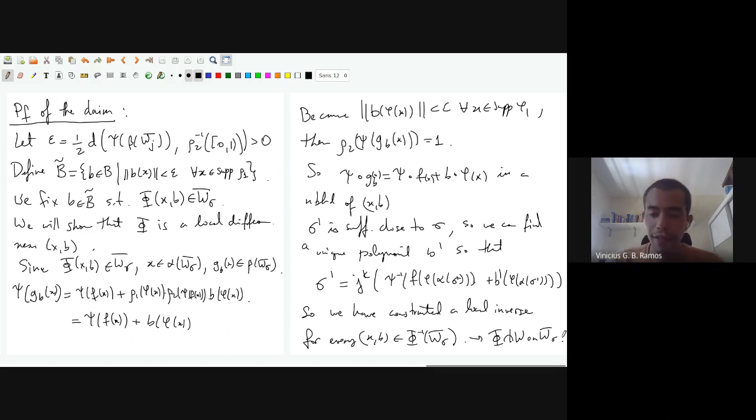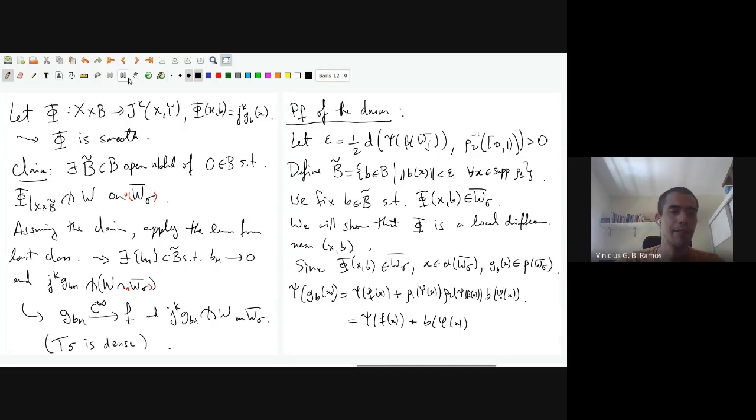Okay, and again, why is that enough? Let me go back and just remind you that now we use the lemma from last class to say that if the family of maps is transverse to a submanifold, then if you let the parameter vary, then for a dense set of parameters, you're going to have the transversality condition on the function or on the jet of the function.